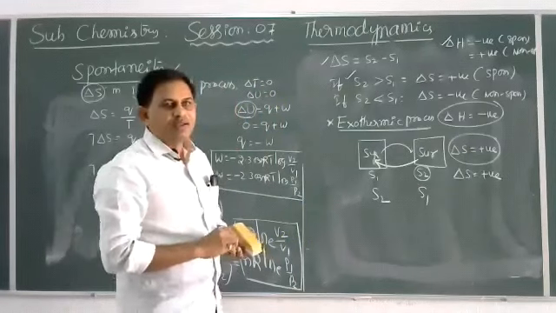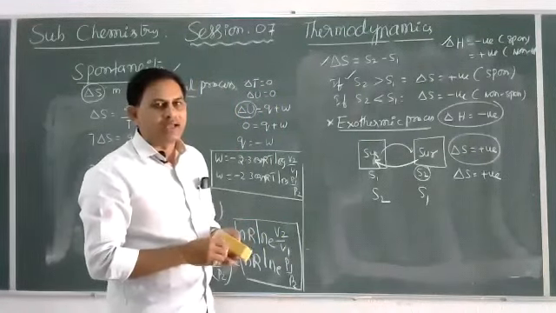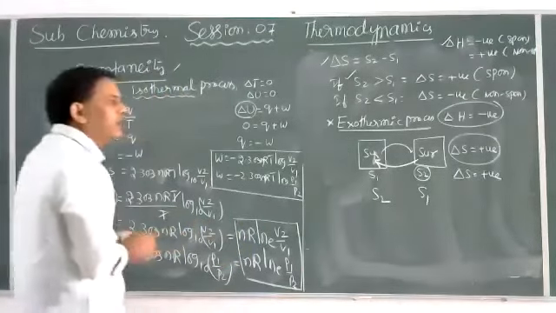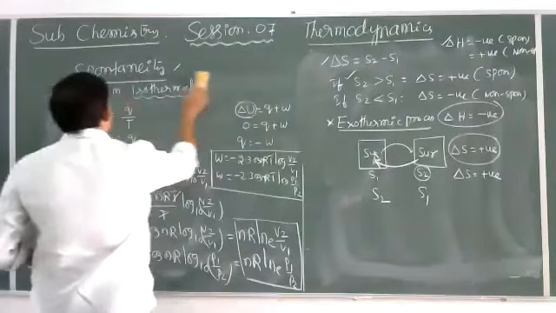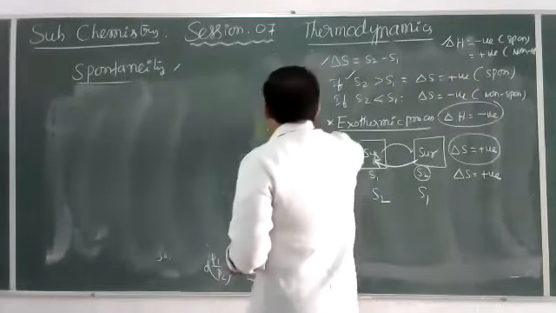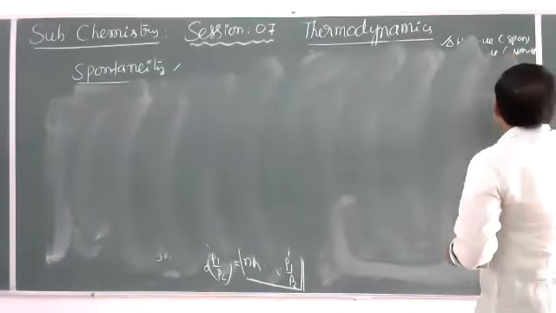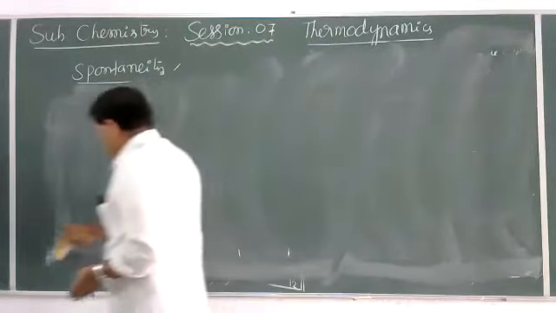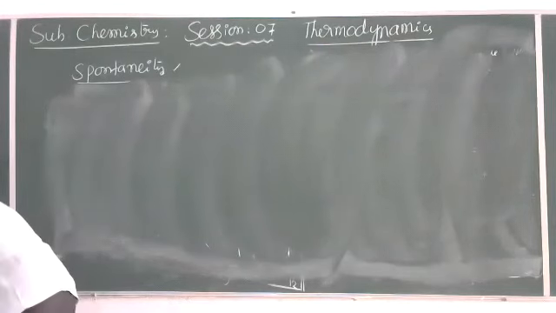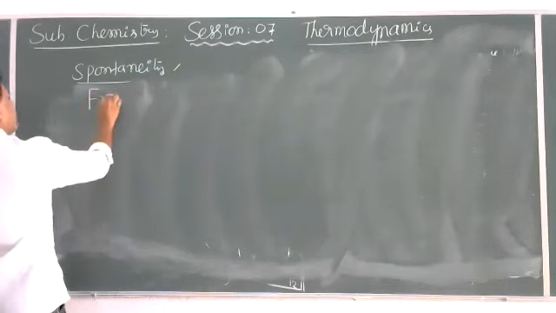That's why another important third term was introduced by the scientist Gibbs to explain clearly the spontaneity of chemical or physical processes. That is the third important factor: free energy.